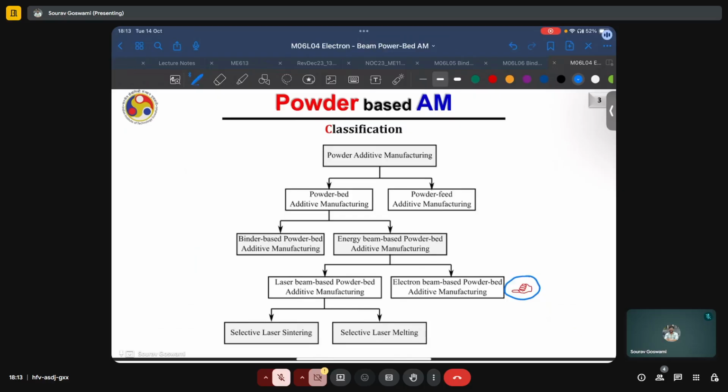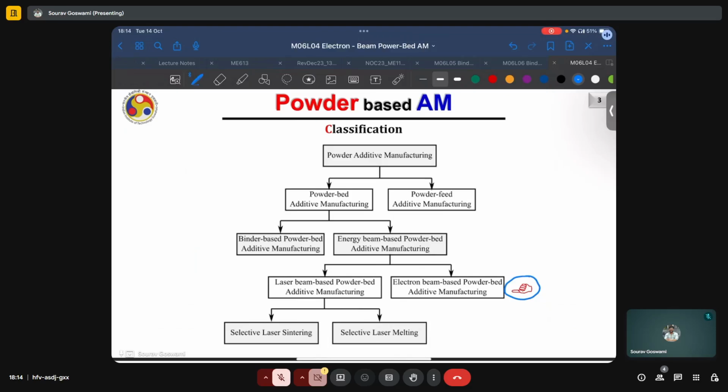Whereas the other class of methods may together be referred to as selective laser melting, where the incident energy to the system melts the powder feedstock and also imparts some degree of superheat to the system so that it is not just at the melting point but heated to some temperature above the melting point.